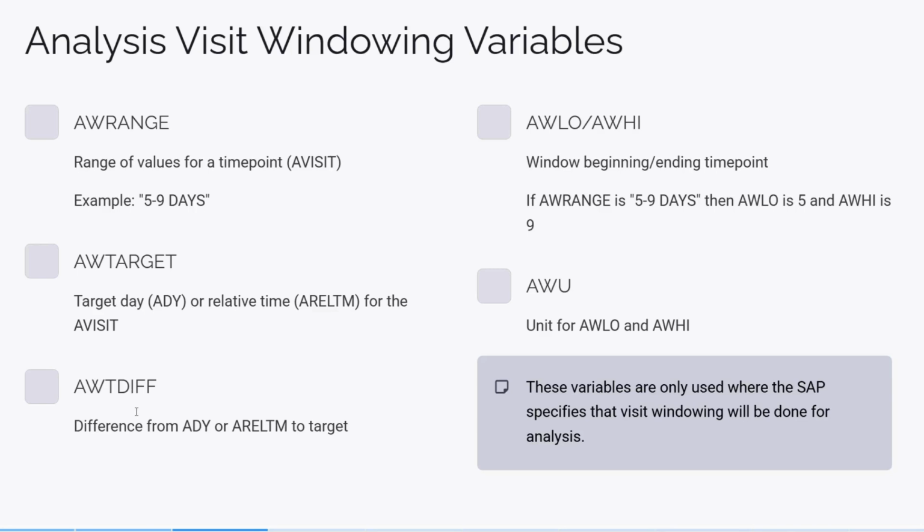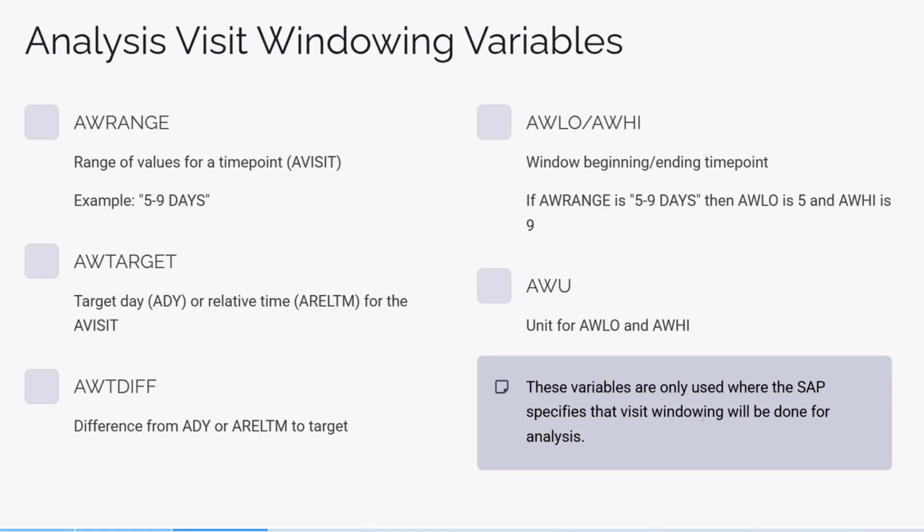Analysis window time difference: the difference between the relative day, analysis day, and the relative time to target. Analysis window low and analysis window high are the window beginning and end time points. If the analysis window range is 5 to 9 days, then analysis window low is 5 and analysis window high is 9. The analysis window unit will be the same for both low and high.